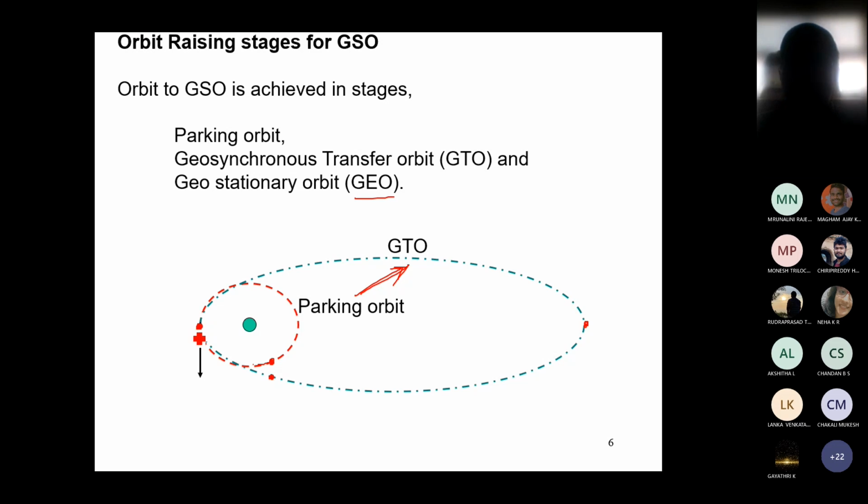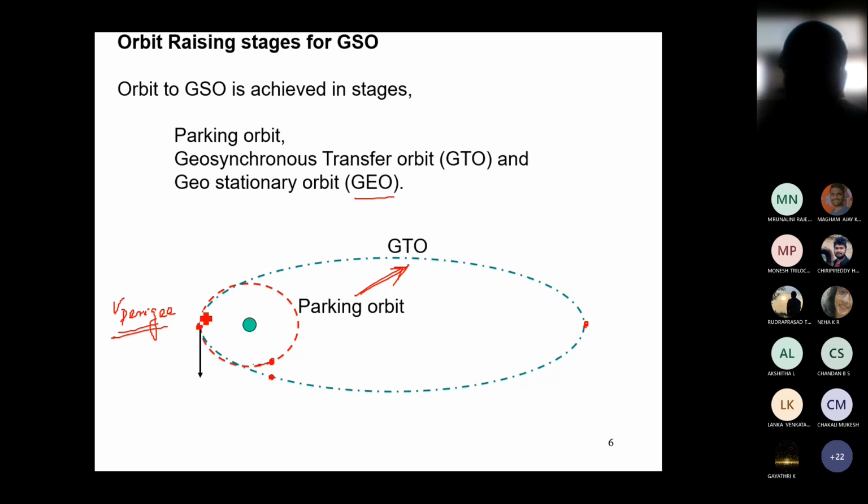Now, what we have to do? We have to find the velocity at perigee. Perigee and apogee are related to the elliptical orbit. In the circular orbit, the concept of perigee and apogee is not there because the radius is the same everywhere. So we have to calculate the velocity at perigee using the second law of Kepler for elliptical orbit.